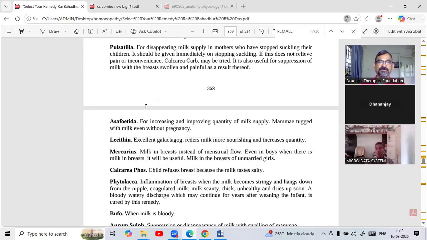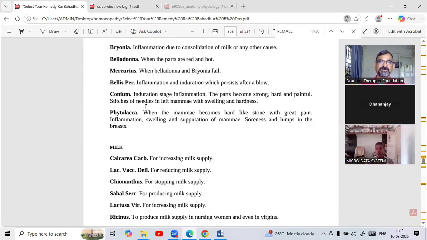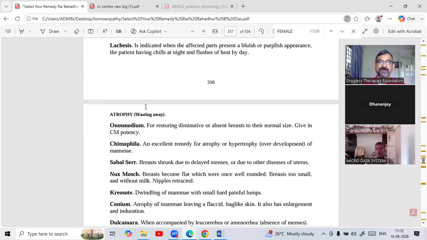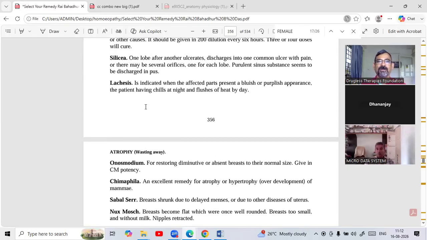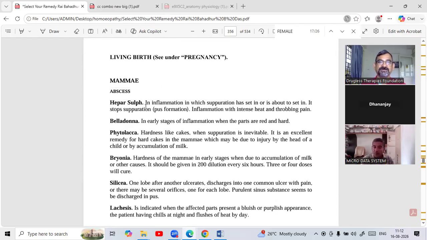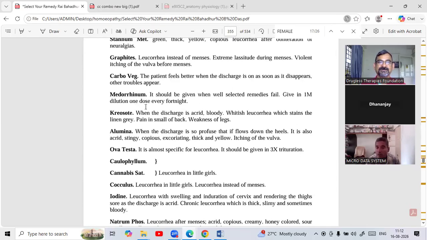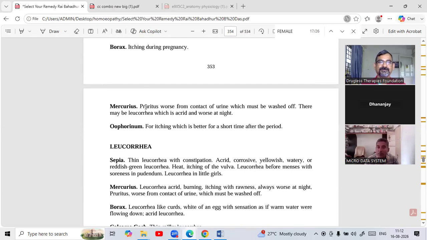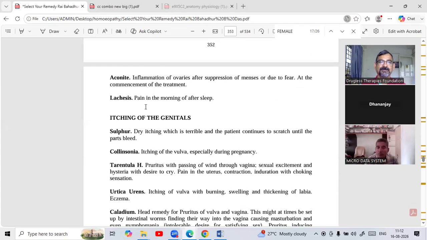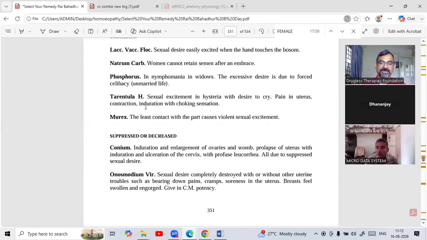So this book I always keep on praising, this selective remedy book, because these are arranged probability wise. Okay, so now let us go.